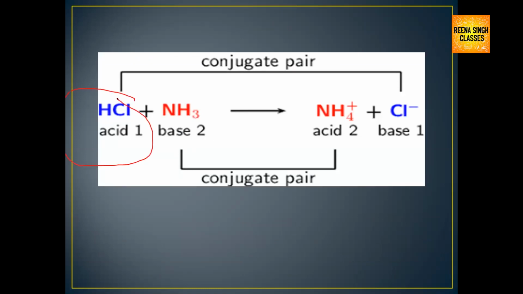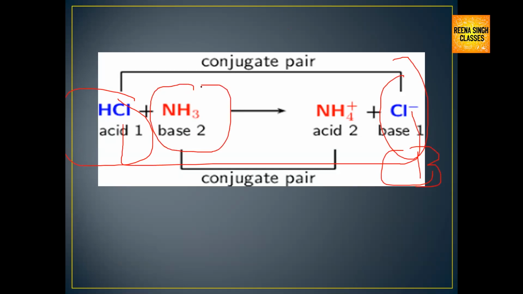I think you have understood this example. Hydrochloric acid is an acid and its conjugate pair is chloride, so it is known as the conjugate base of the acid. Ammonia accepts a proton, so it is a base, and its conjugate pair is the ammonium ion. So ammonium ion is the conjugate acid of the base ammonia.